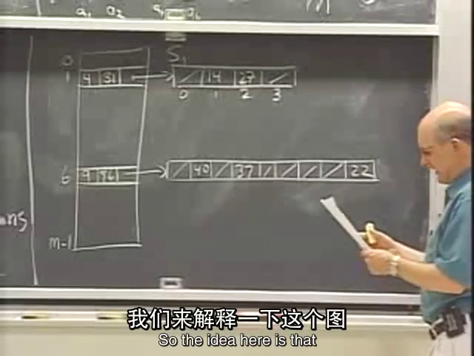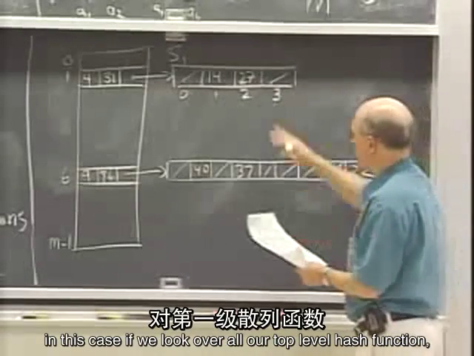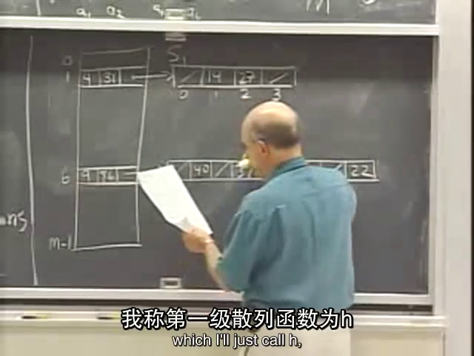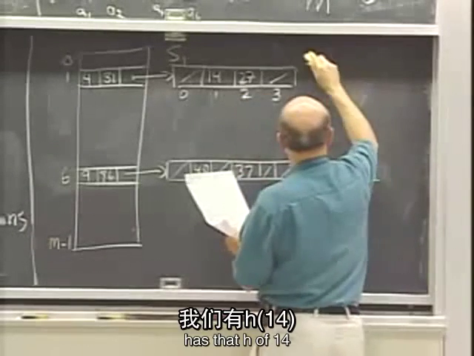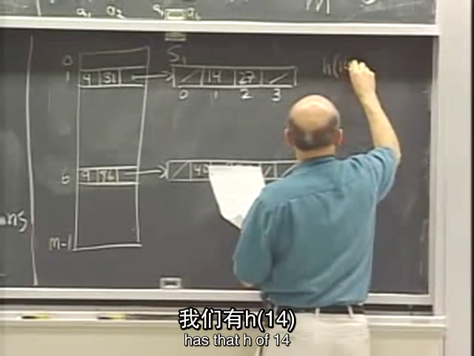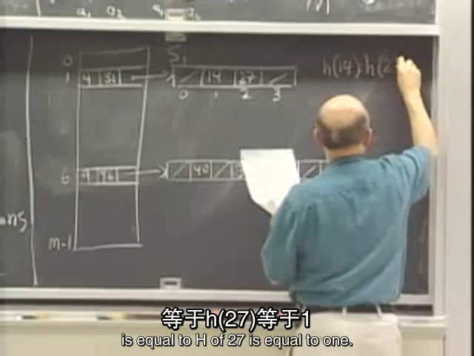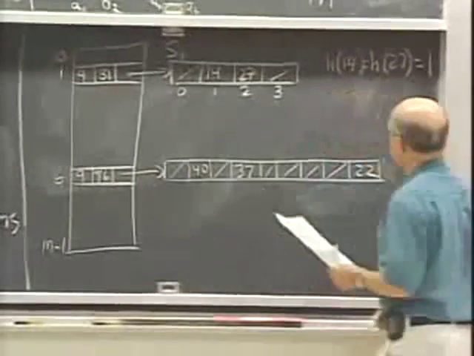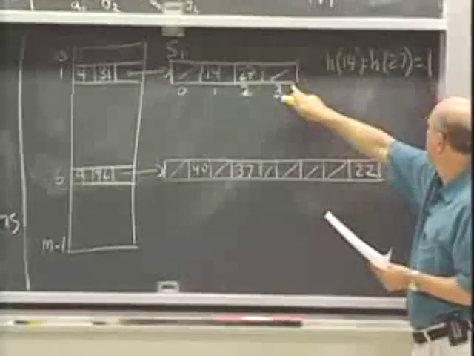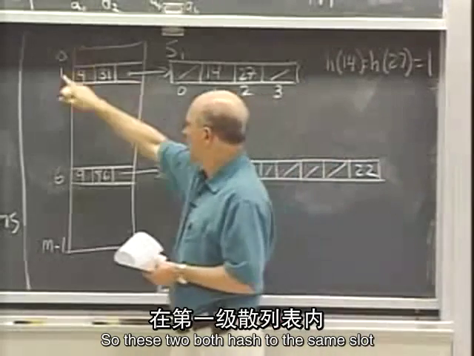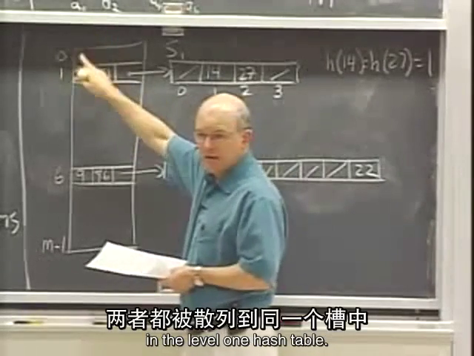So the idea here is that in this case, if we look overall, our top level hash function, which I'll just call h, has that h of 14 is equal to h of 27, which is equal to 1, because we're in slot 1. So these two both hash to the same slot in the level 1 hash table.